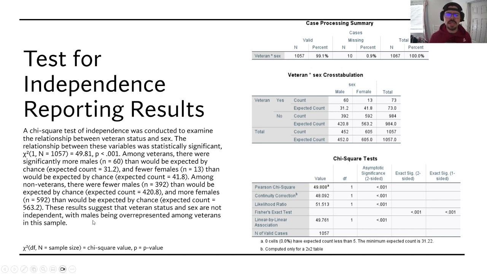Similarly, you could also identify with females being underrepresented among veterans in this sample. You could also say with males being underrepresented among non-veterans in this sample, or with females being overrepresented among non-veterans in this sample. I wouldn't expect you to make all 4 connections as long as you have at least one.